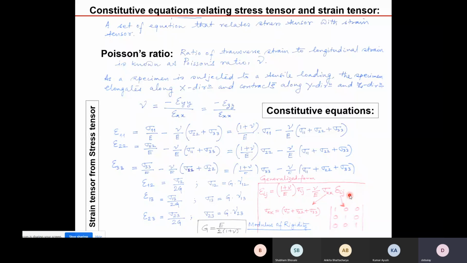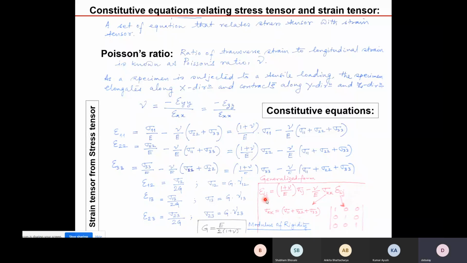Delta ij is called the Kronecker delta, which is in tensor form 1, 0, 0, 0, 1, 0, 0, 0, 1. That means when we are considering normal stress and strain, the second part of the expression, minus nu by E sigma kk delta ij, will be there. You see, when normal stress and strain are related, the second term is there, whereas when shear stress and strain are related, that part is not there. So for those, this value is 0.